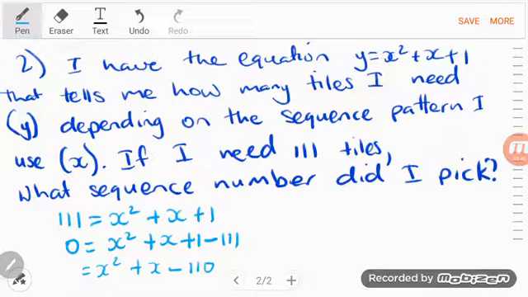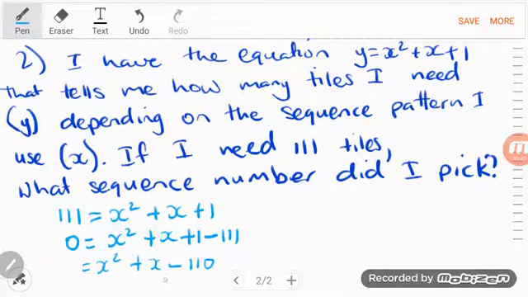Okay, now we need to factorize this. It looks like we're going to have 2 roots, which means x is going to have 2 numbers. So this is going to be the excellence part, is we need to fully factorize it. So we've got a positive x value, but a negative number at the end, so we're going to have the x's in opposite brackets.